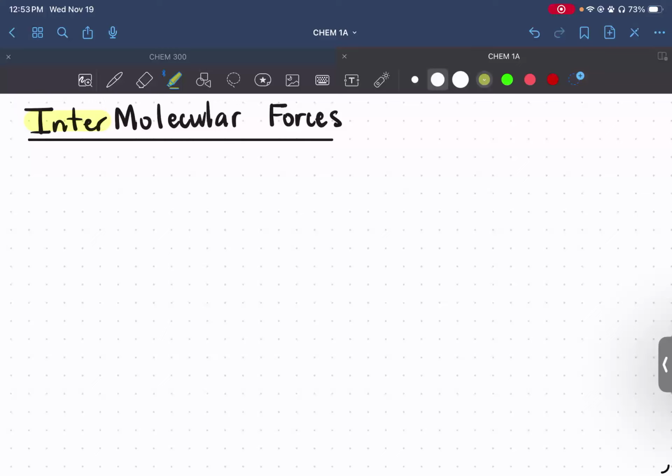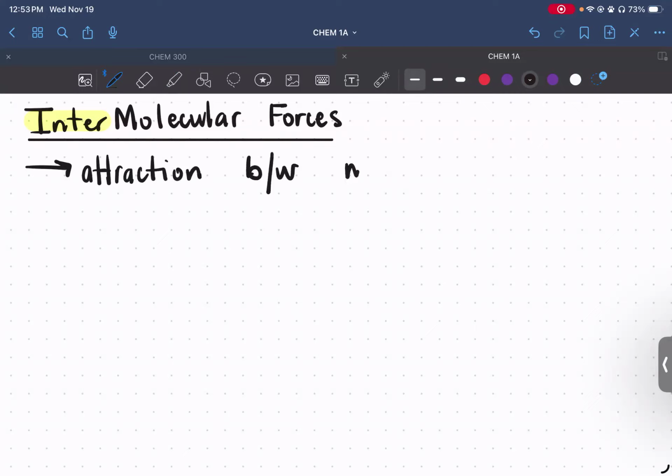Inter and intra. We just did intra, now we're doing inter. Intermolecular forces can be described as an attraction between molecules, so not within anymore, but between.